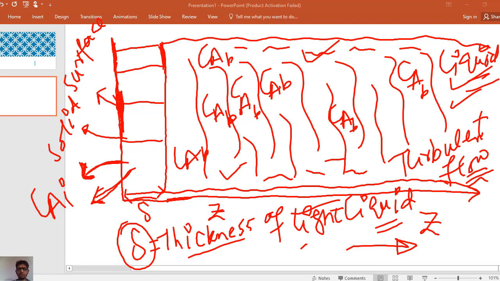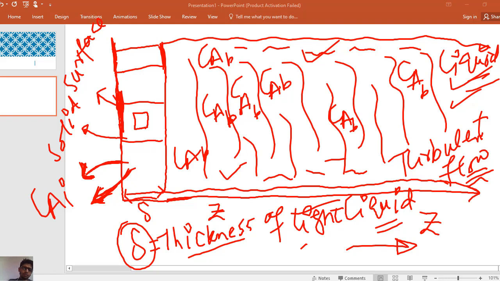So suppose we consider a small element of volume in this stationary liquid layer having thickness delta.